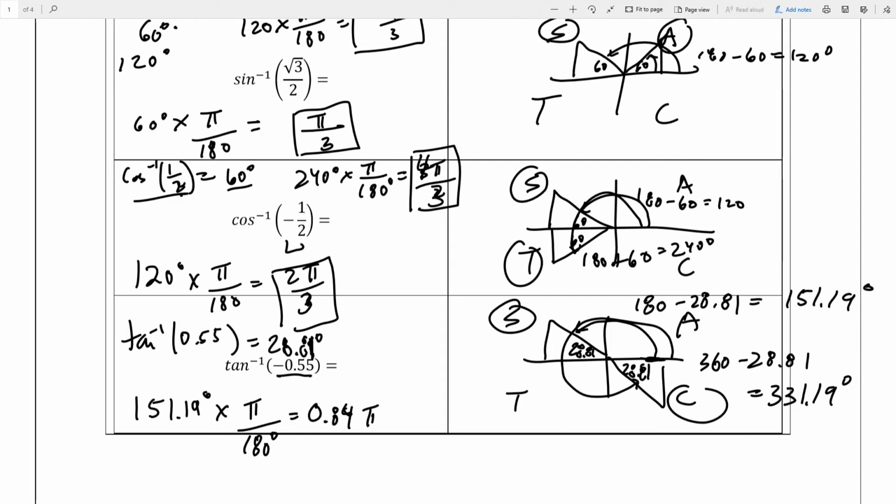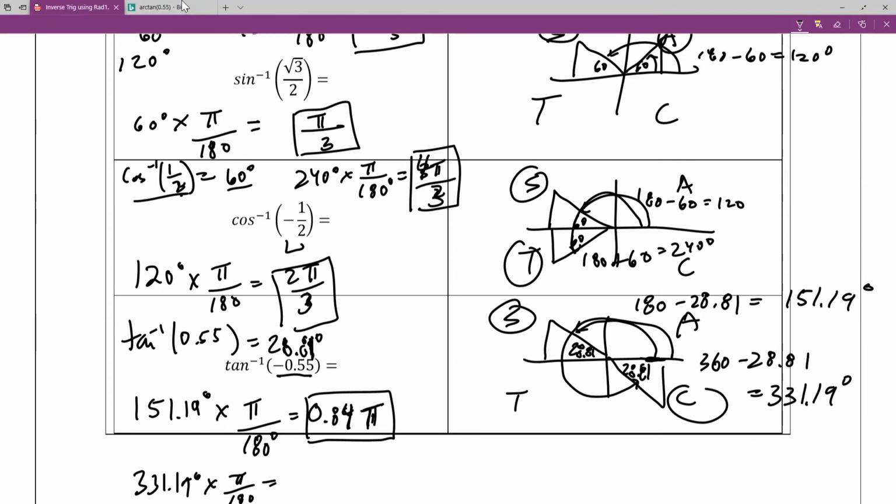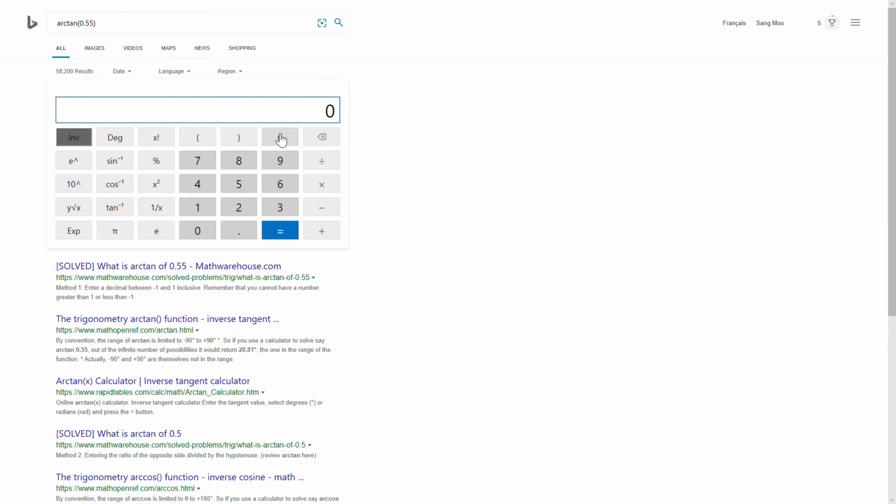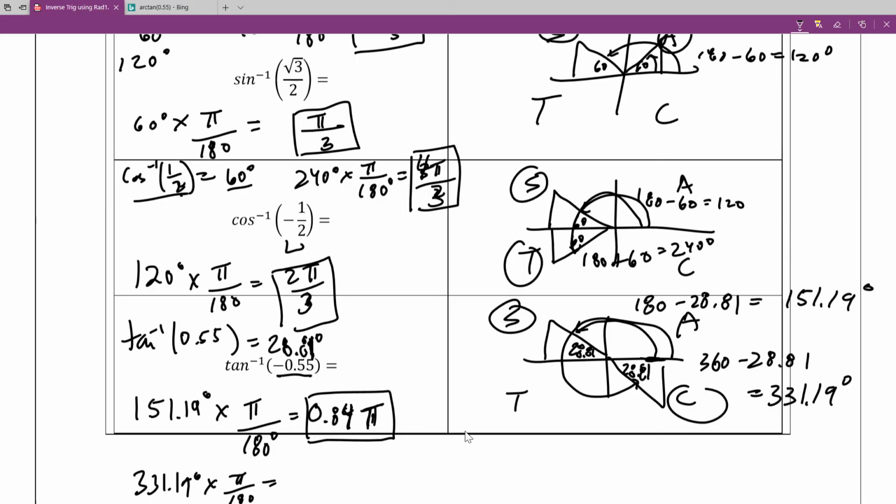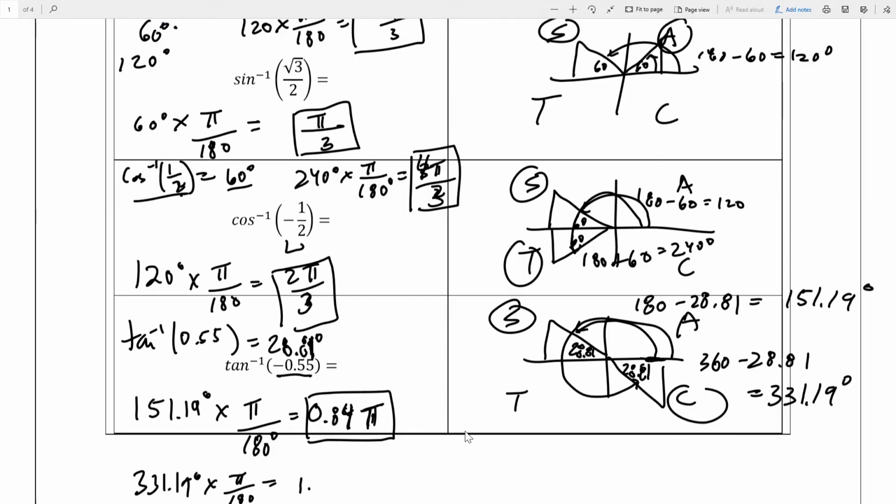We want to keep our answers in pi. And then the other one is going to be 331.19 degrees times pi over 180. So 331.19 divided by 180, which is 1.84. Okay, so these are our two answers.